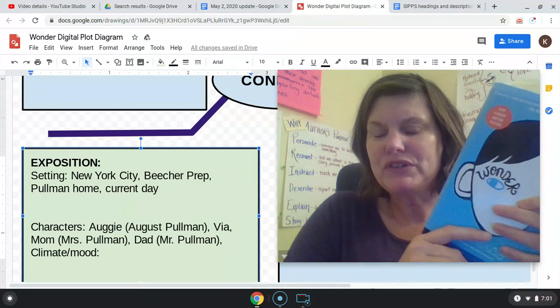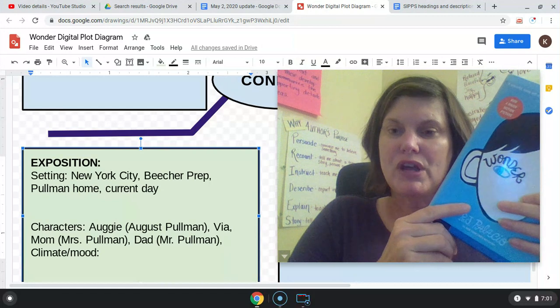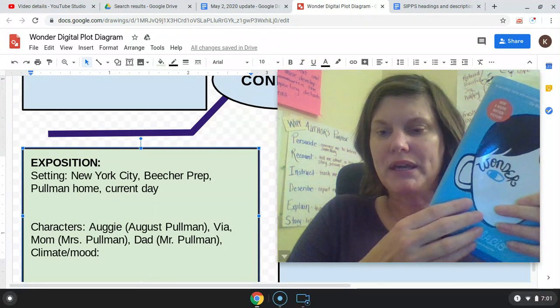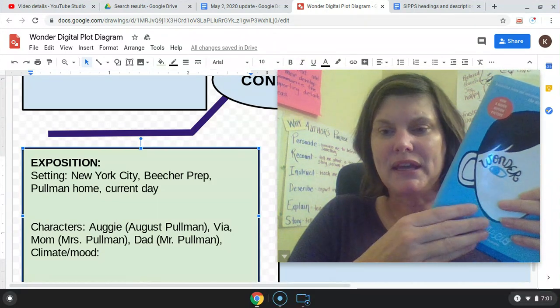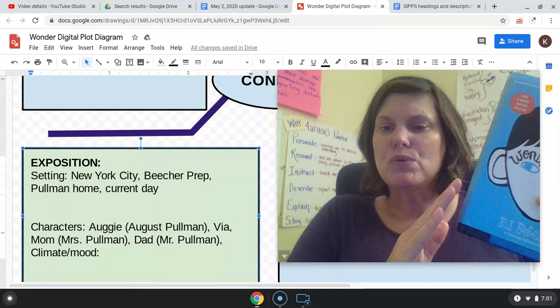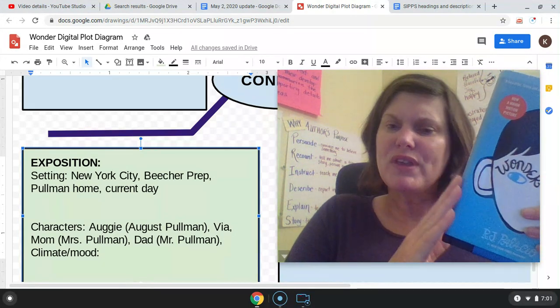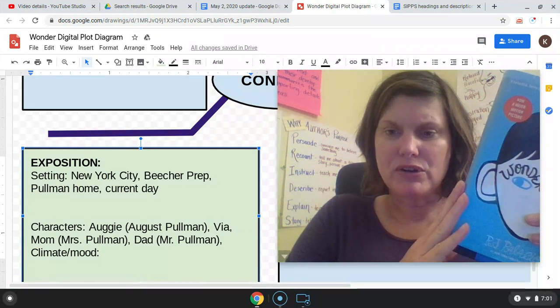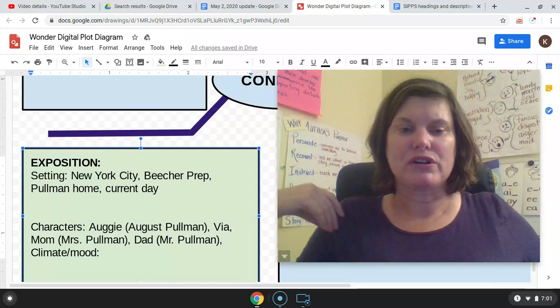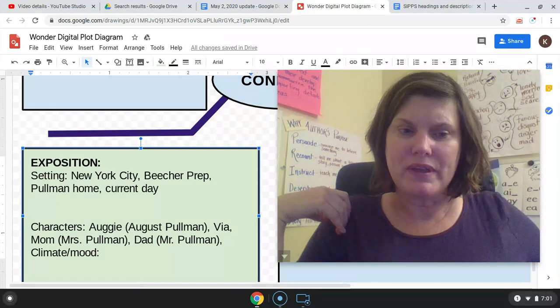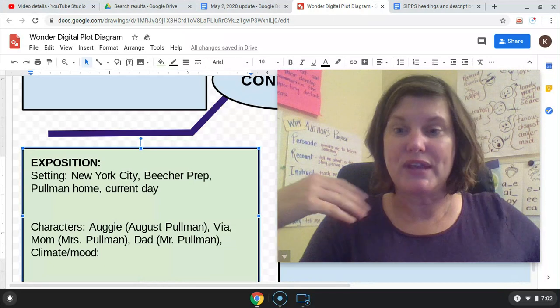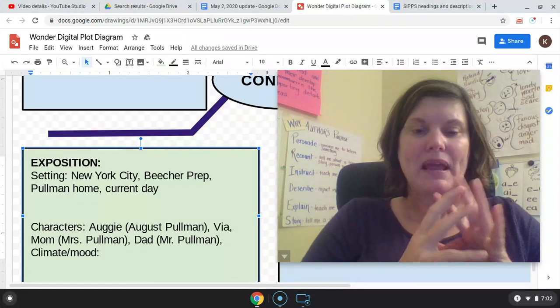And we would. We still would have the conflict between Augie and Julian and Augie and Jack. So they really aren't major characters in this novel. They're minor characters. So we're not going to include them on our list of characters in the exposition.